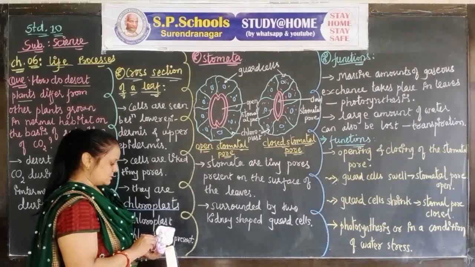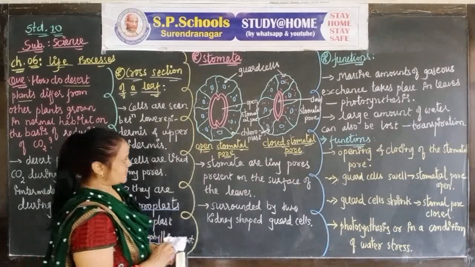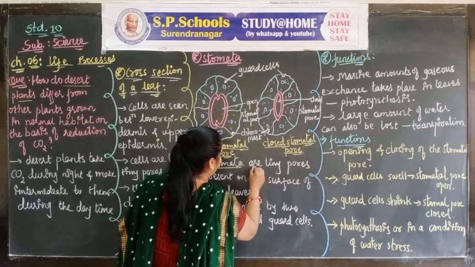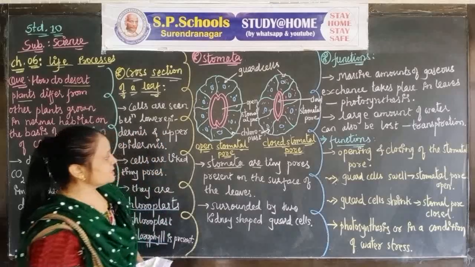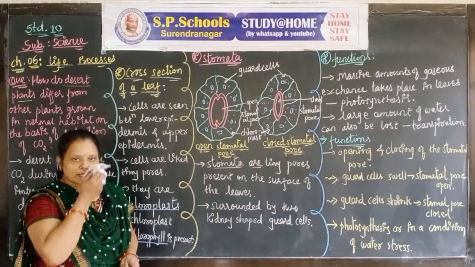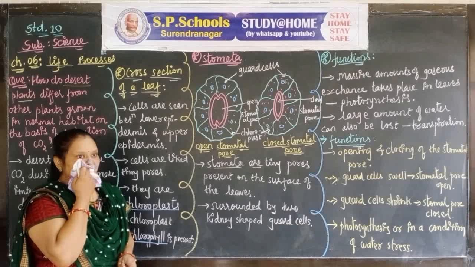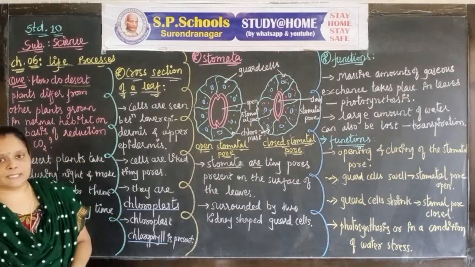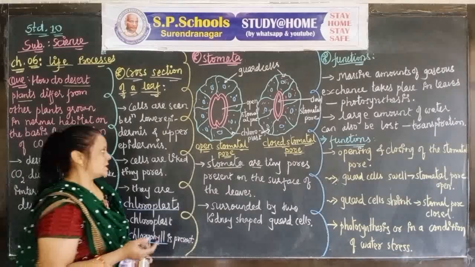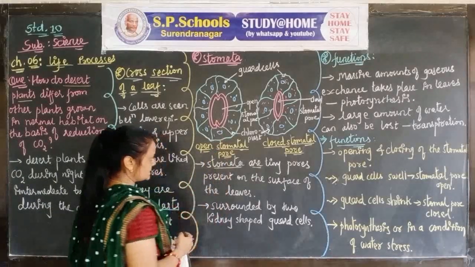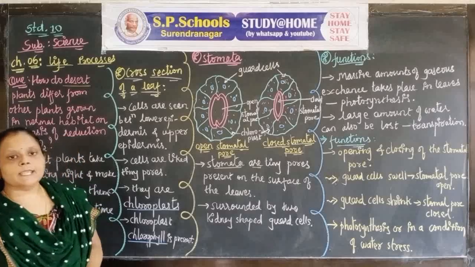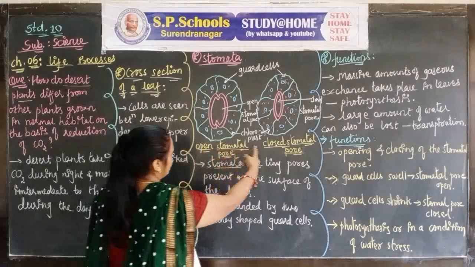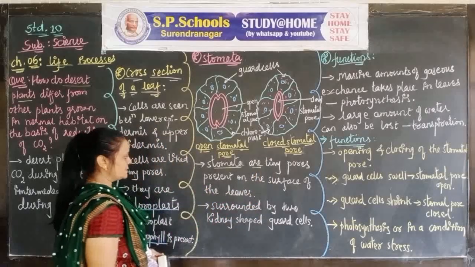Let's see the structure of stomata. What is stomata? Stomata are tiny pores present on the surface of leaves. When we take a section of the leaf surface and see it in the microscope, the stomata can be seen, both the open and closed stomatal pores.